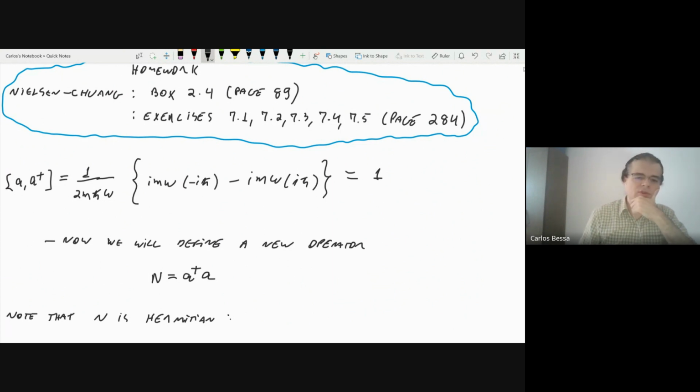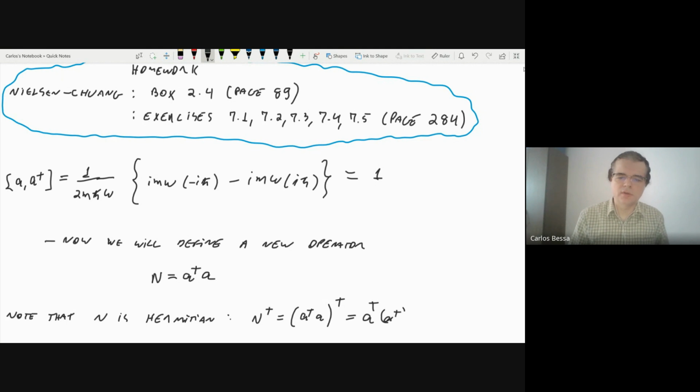The eigenvalues of this operator. So we can see it's Hermitian because N dagger is just A dagger A dagger dagger. So when we have the product of two operators, we just flip: A, applying the dagger, and A dagger dagger. So this is A dagger A, which is the definition of N. Okay, so N is Hermitian.